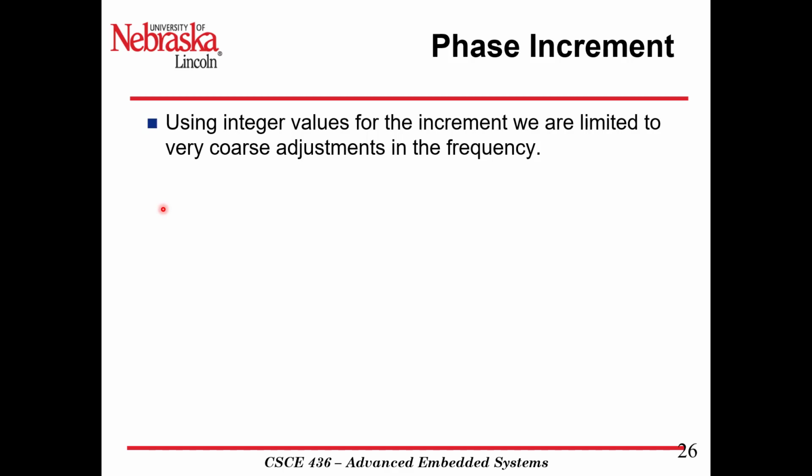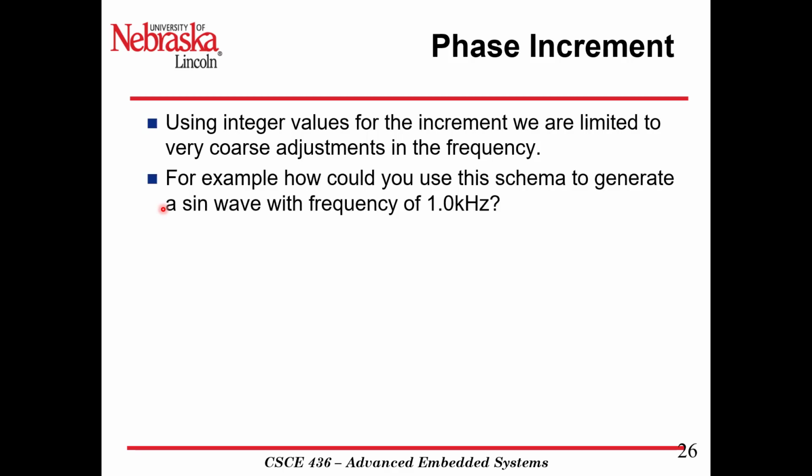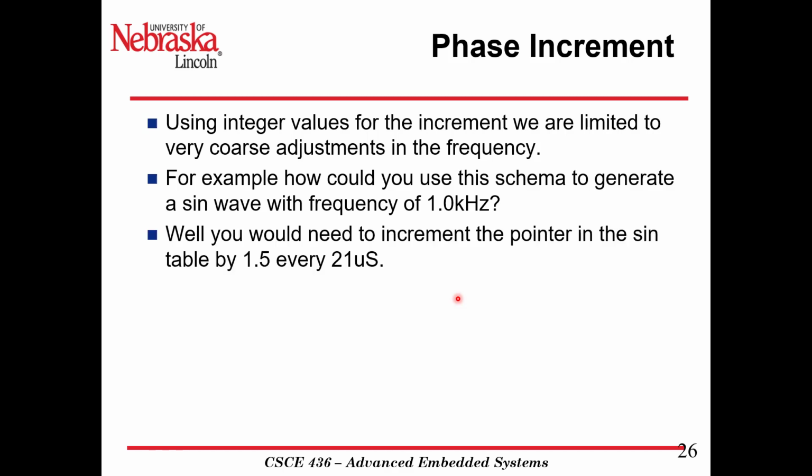So what if you wanted to generate a signal that was somewhere in the middle, about 1 kilohertz instead of 1.5 or 750? We'd need to increment our pointer in the sine table every 1.5 indexes, every 21 microseconds.